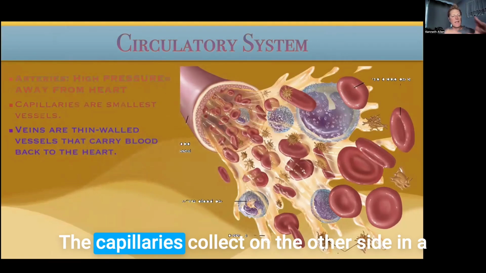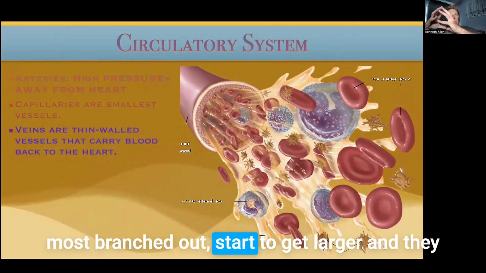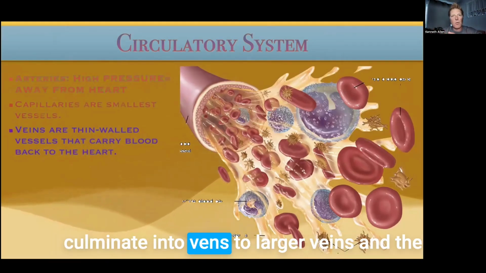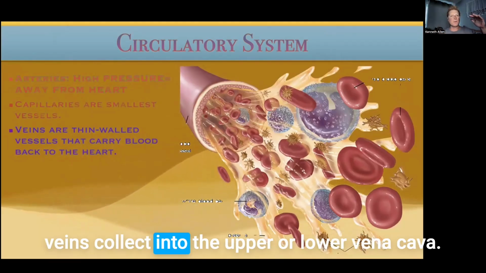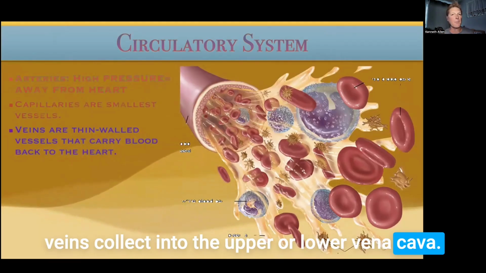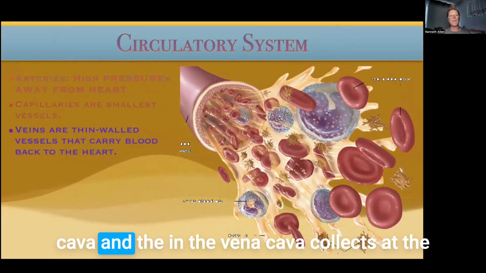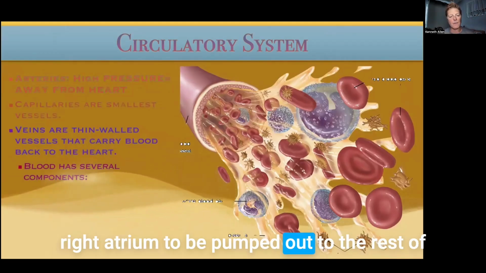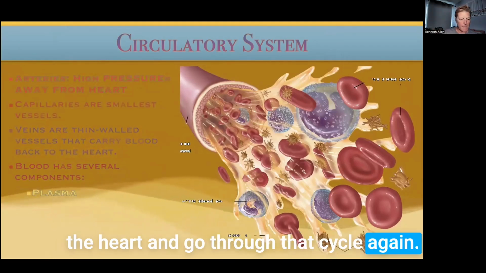The capillaries collect on the other side in a thin-walled venule that then, from being the most branched out, starts to get larger, and they culminate into larger veins, and the veins collect into the upper or lower vena cava. We also call that the superior or inferior vena cava, and the vena cava collects at the right atrium to be pumped out to the rest of the heart and go through that cycle again.